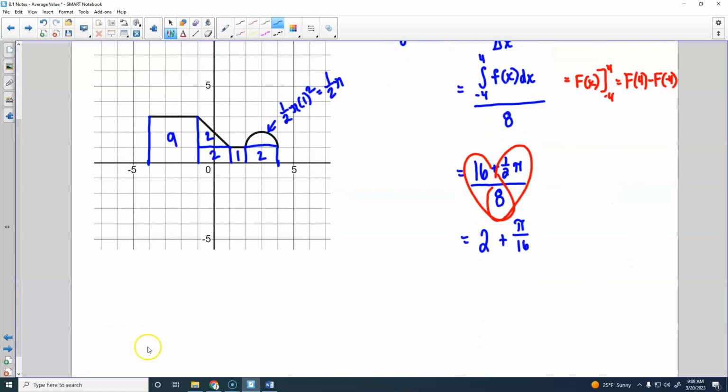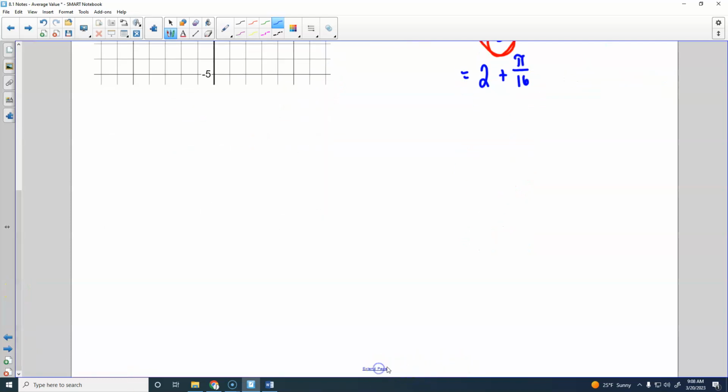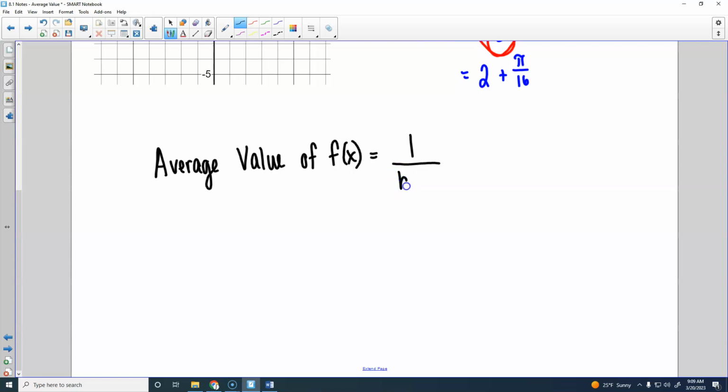All right, so no matter what they ask you for, average value of whatever function, so let's just call it average value of f of x, is going to equal 1 over b minus a. This is just the length of the interval that you're looking at.